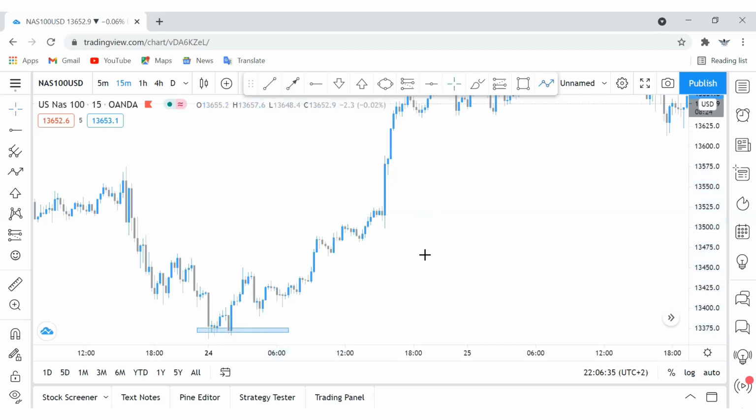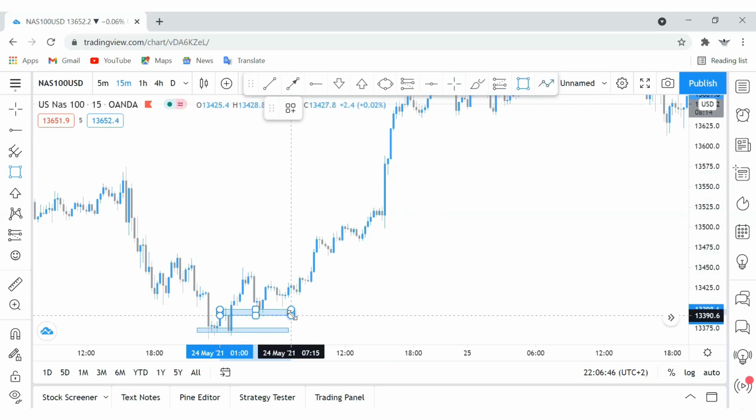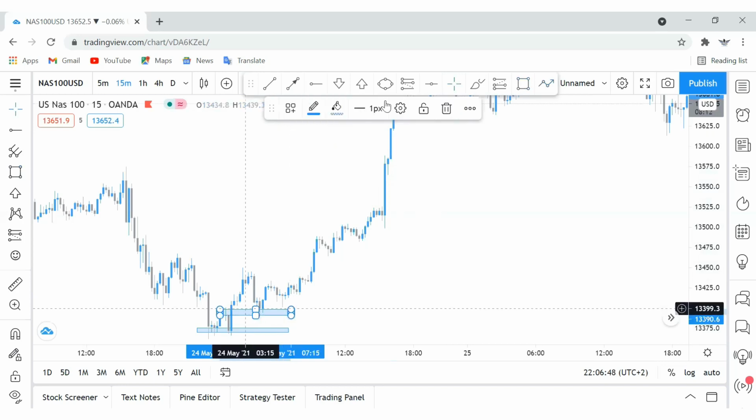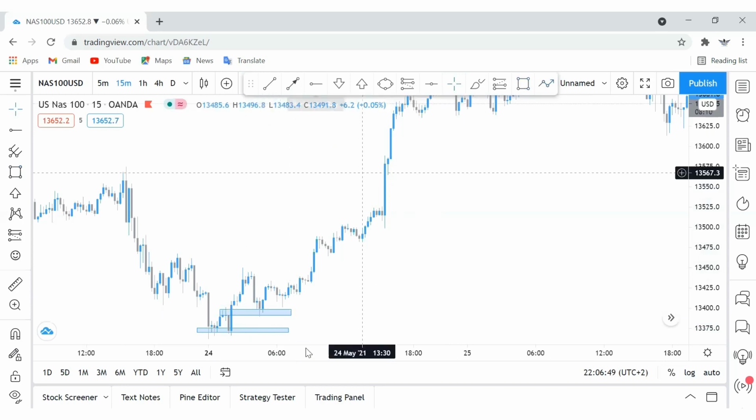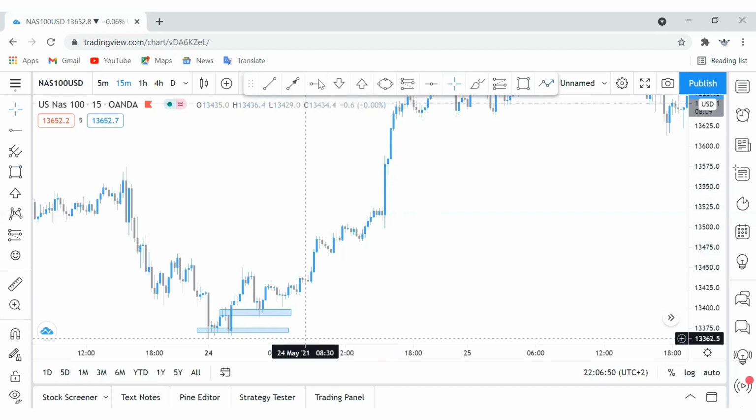But what I want to show you is what was actually happening right there. We can take our rectangular bar and identify from that higher high, the market had broken it. Let me just use the color black.